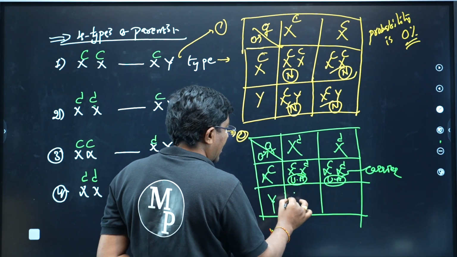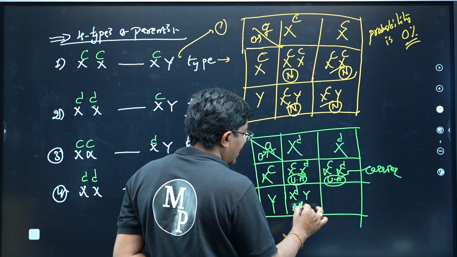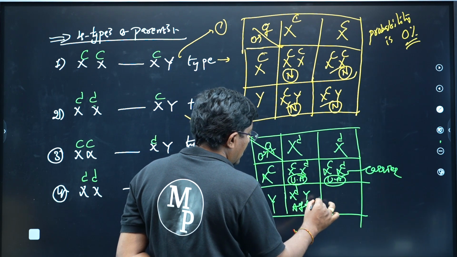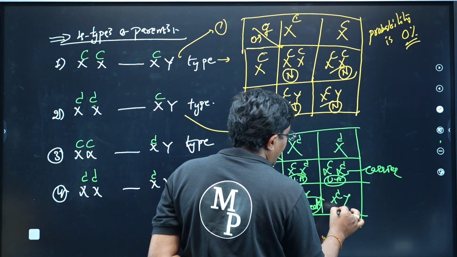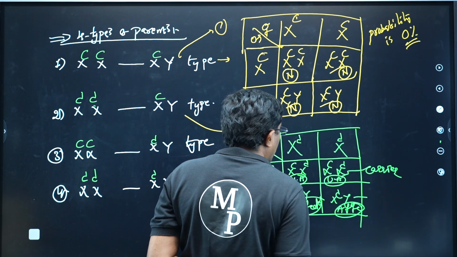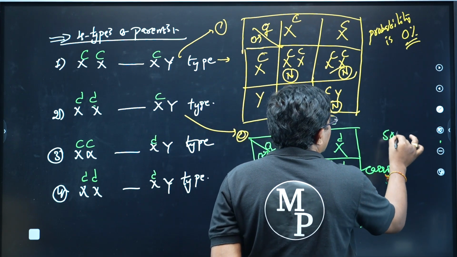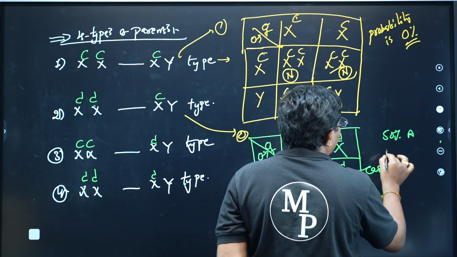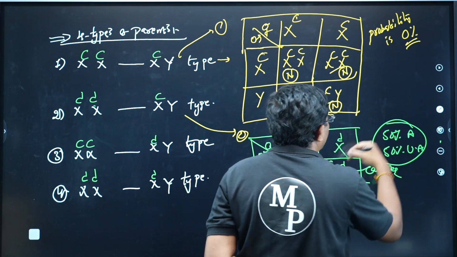Next here X^c Y, it is affected, and X^c Y is also affected. So in this progeny 50% is affected, 50% is unaffected.